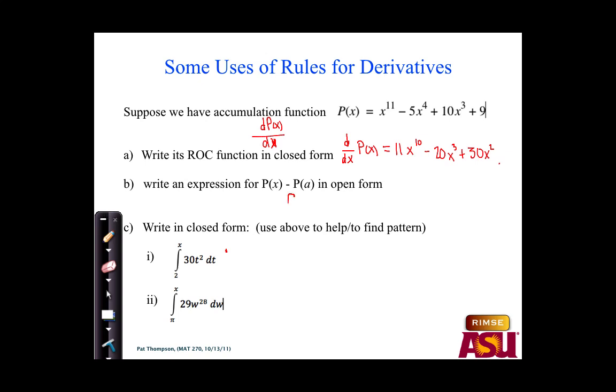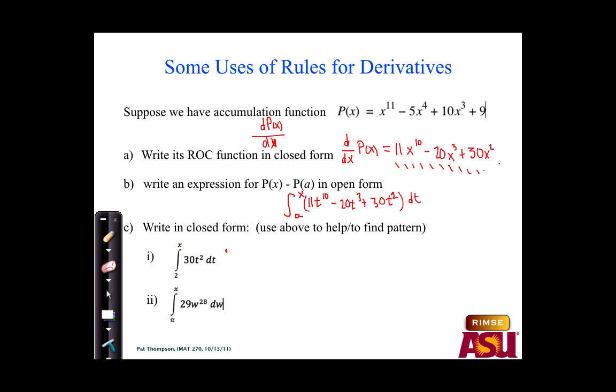that should be our integral notation from a to x, using our rate function here. Remember that it's an accumulation due to a rate function, so I want an m dx sort of expression inside the integral. So our m is these three terms, only I'm going to use not x, since I already have used x once. I'm going to use 11 t to the 10th minus 20 t cubed plus 30 t squared times dt.